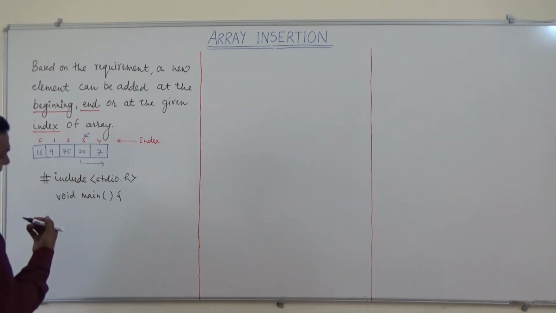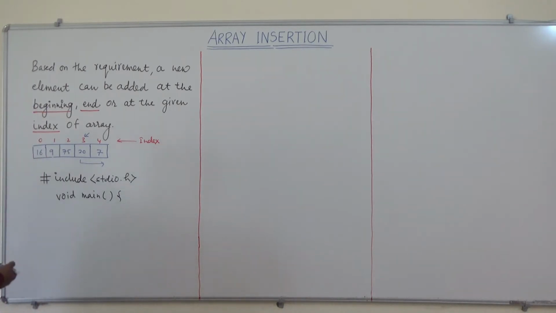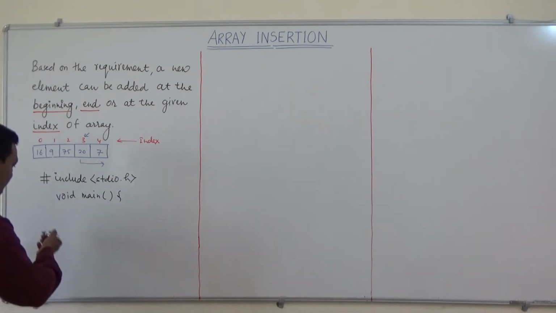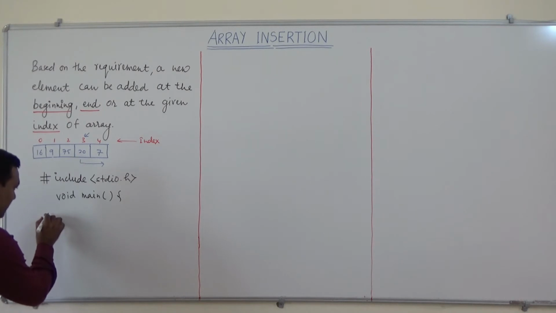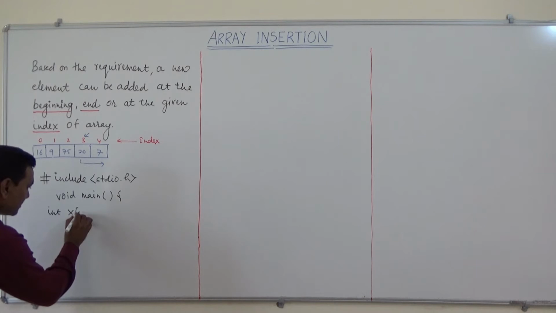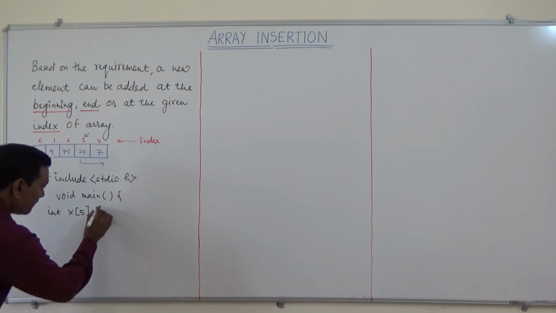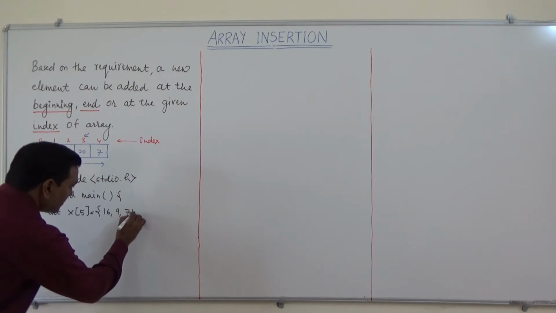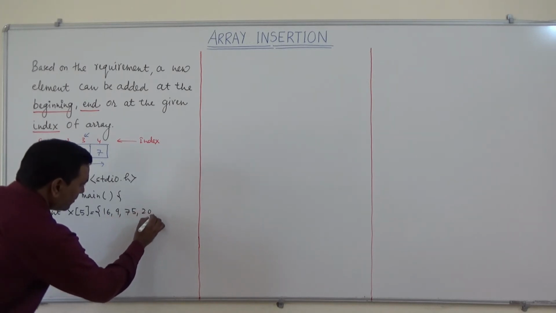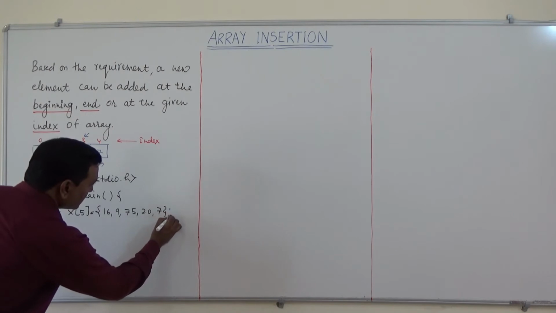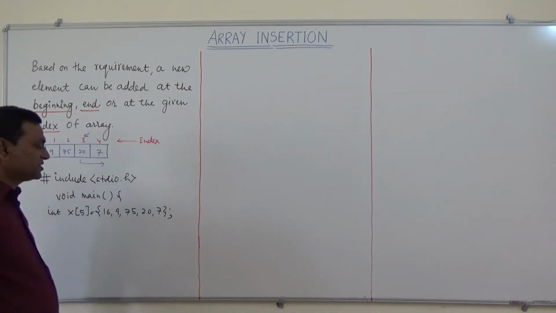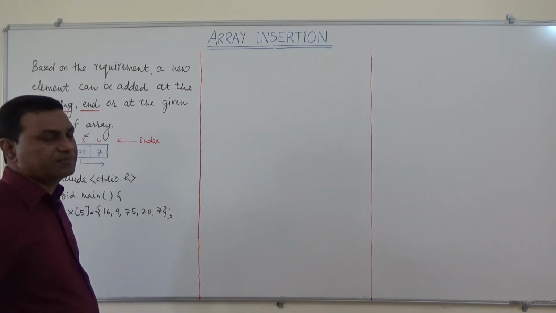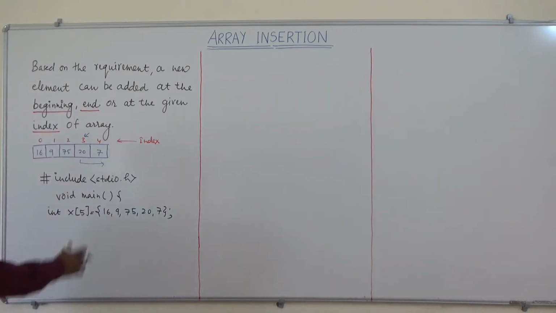After this, we will declare and initialize some variables. We will use a linear array of 5 elements: int x[5] equals 16, 9, 75, 20, 7. This is the one dimensional array that we have already discussed in the previous lecture, which contains 5 elements.